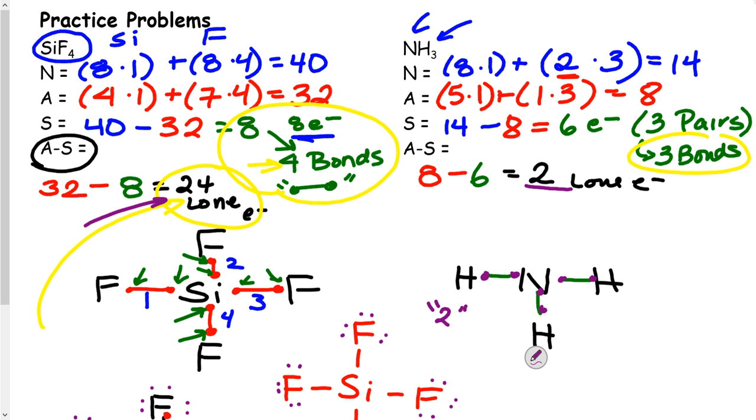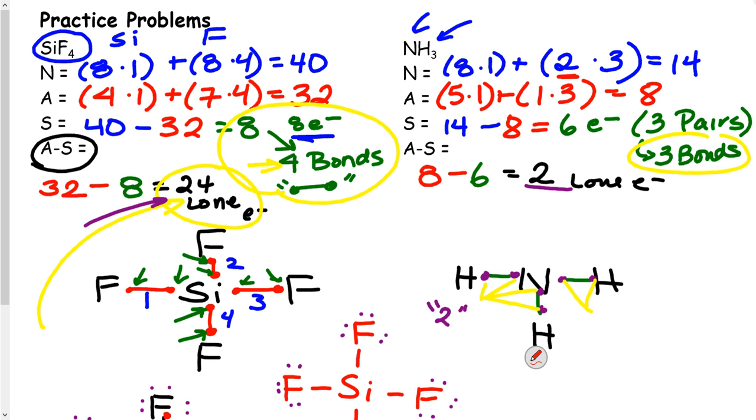Now, drawing the purple electrons on the bonds, if you count each of those with me, we have 1, 2, 3, 4, 5, 6 electrons that are also associated with nitrogen as well.